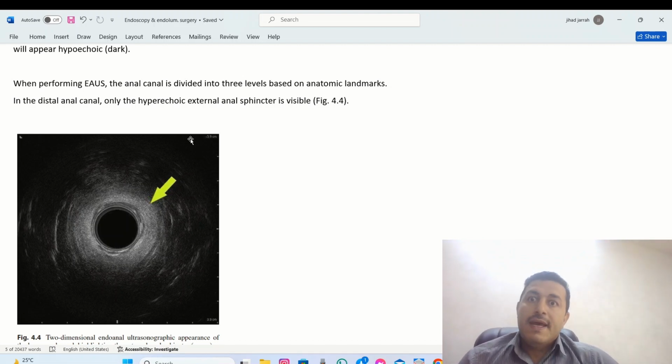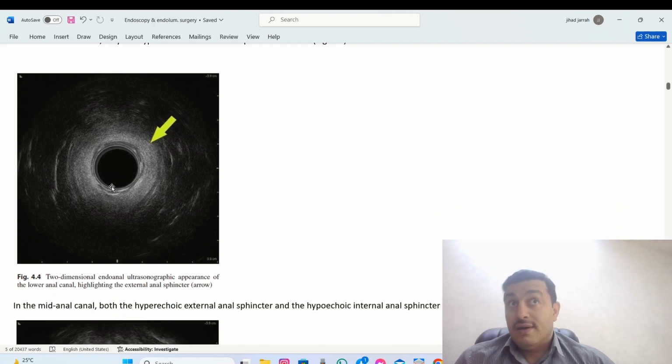For example, in the distal anal canal, we can just identify the external anal sphincter, as you see in this picture. This is two-dimensional endoanal ultrasound. You can see this arrow. This one is the external anal sphincter, and it's the only detectable structure in the distal anal canal.